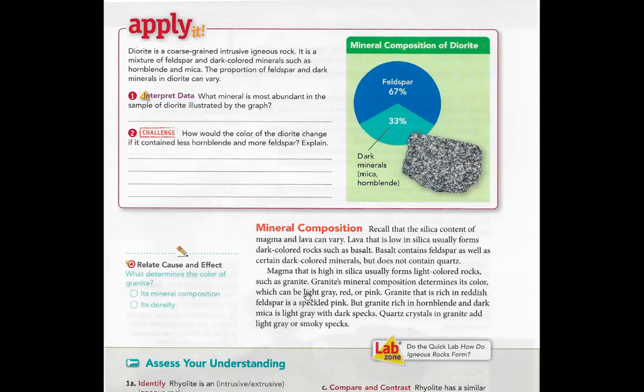Granite's mineral composition determines its color, which can be light gray, red, or pink. Granite that is rich in reddish feldspar is speckled pink, but granite rich in hornblende and dark mica is light gray with dark specks. Quartz crystals in granite add light gray or smoky specks.